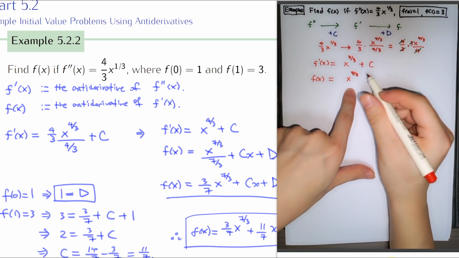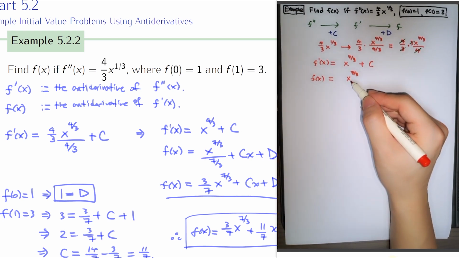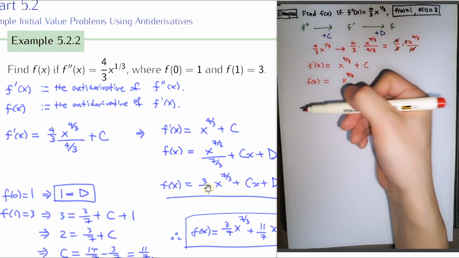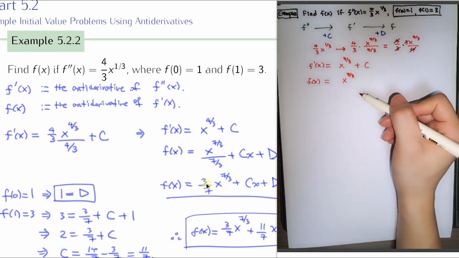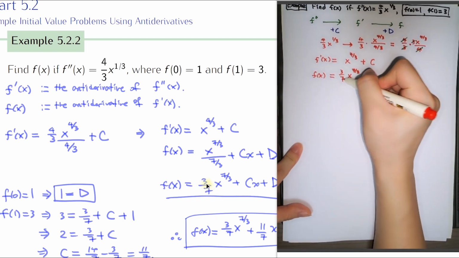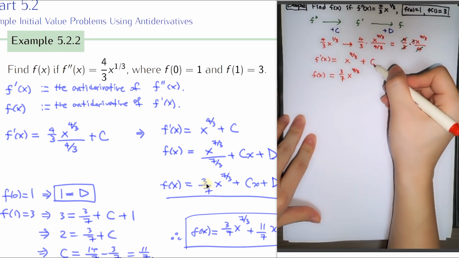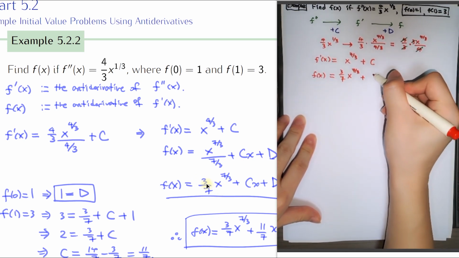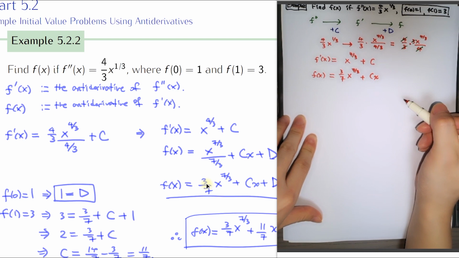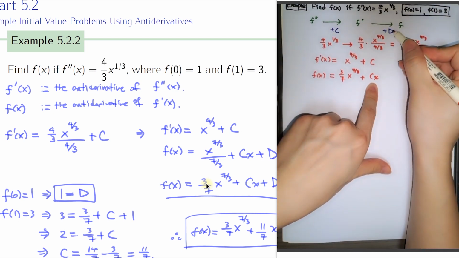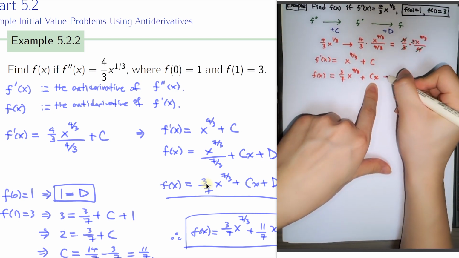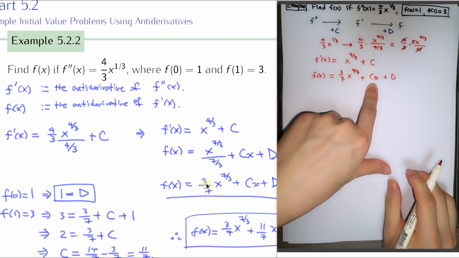However, I would like to simplify a little bit so that it looks like 3 over 7. Please look at the left-hand side screen. So, like that. And then the antiderivative of c becomes cx. However, please do not forget about the constant d, so we must add the d over here.